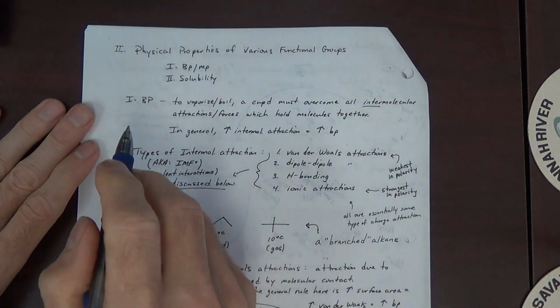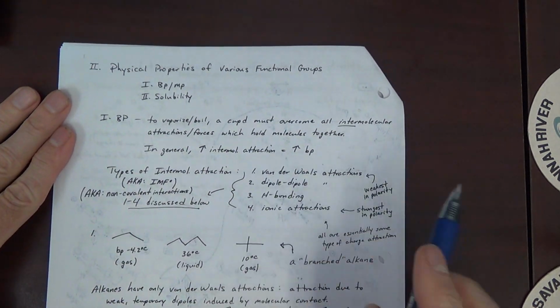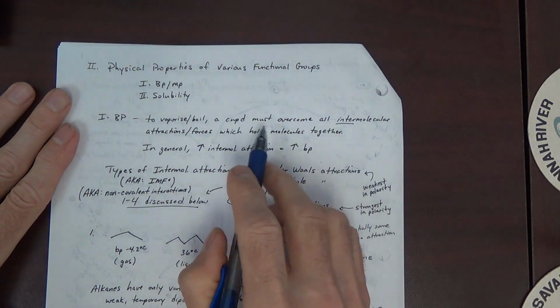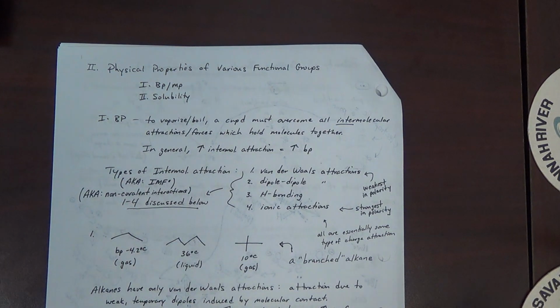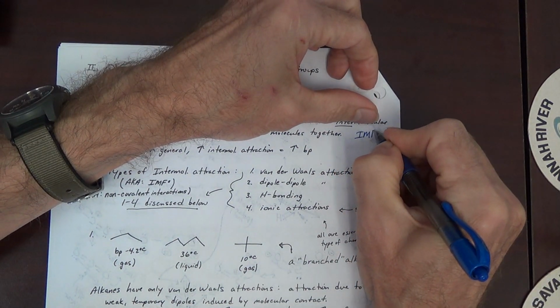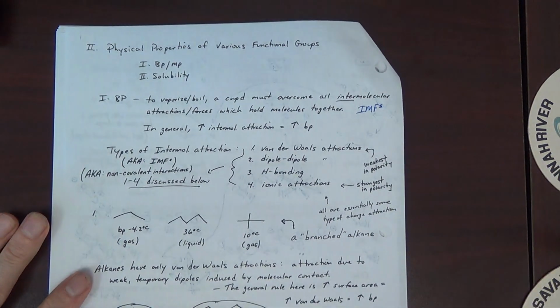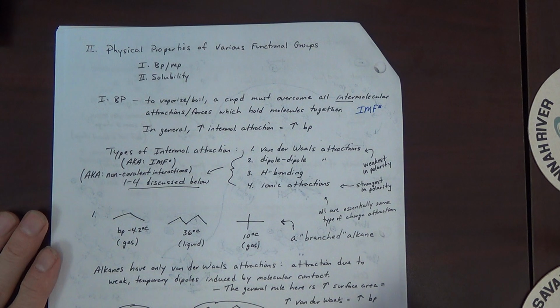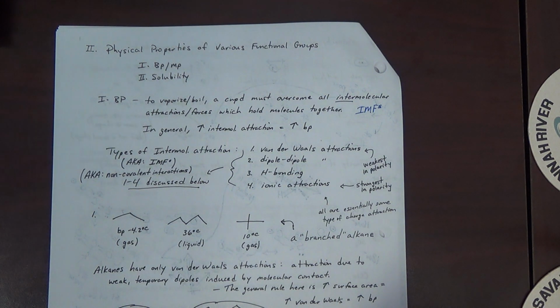Now it's important to understand that for a compound to boil or to vaporize, the compound must first overcome all intermolecular attractions or intermolecular forces, which we call IMFs. Those IMFs must be broken for the molecule to move into the gaseous state and to go from liquid to gas.